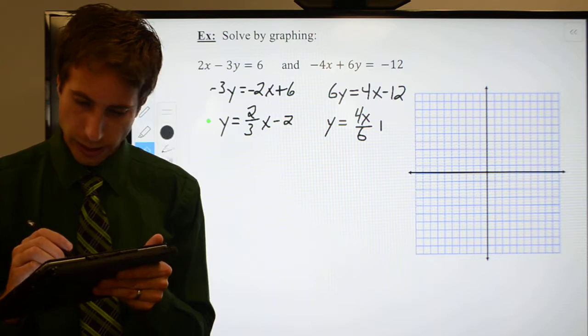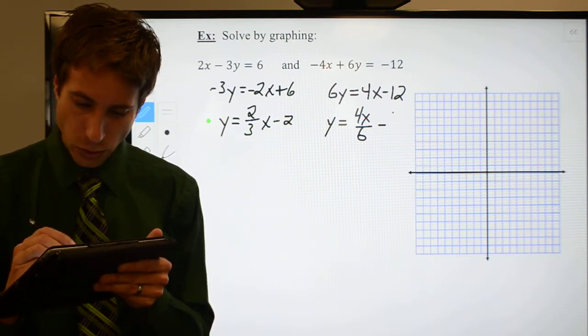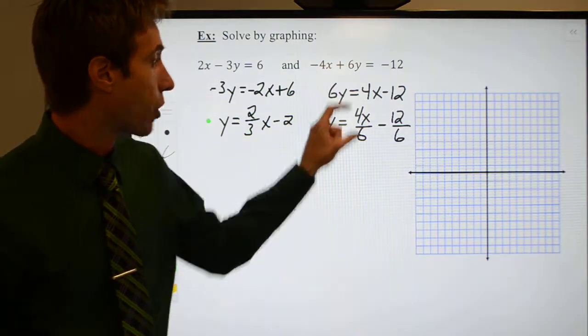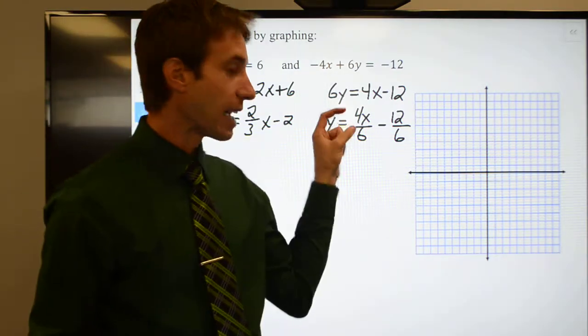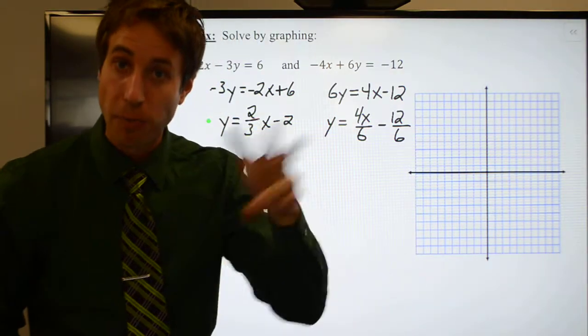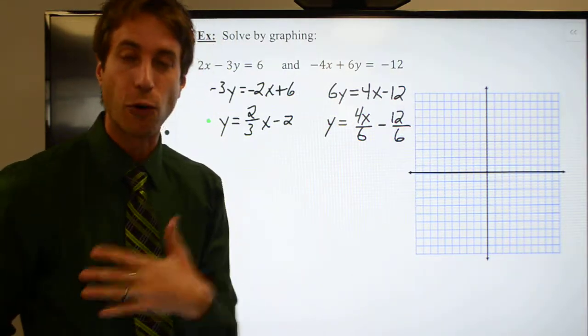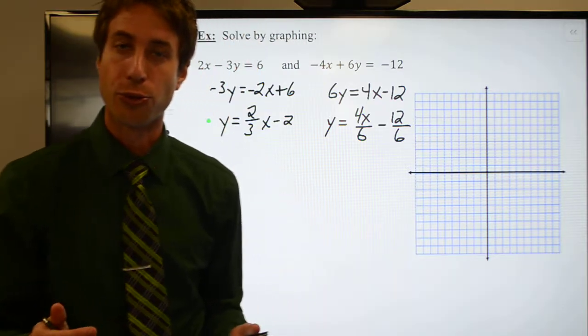Sorry, that should be a minus sign, not a plus sign. Minus 12 over 6. There we go. Okay. 4 divided by 6, again, doesn't divide evenly, but I can simplify that. I can pull a greatest common factor of 2 out of both of them. If I pull a 2 out of 4, that leaves me with a 2. If I pull a 2 out of 6, that leaves me with a 3.